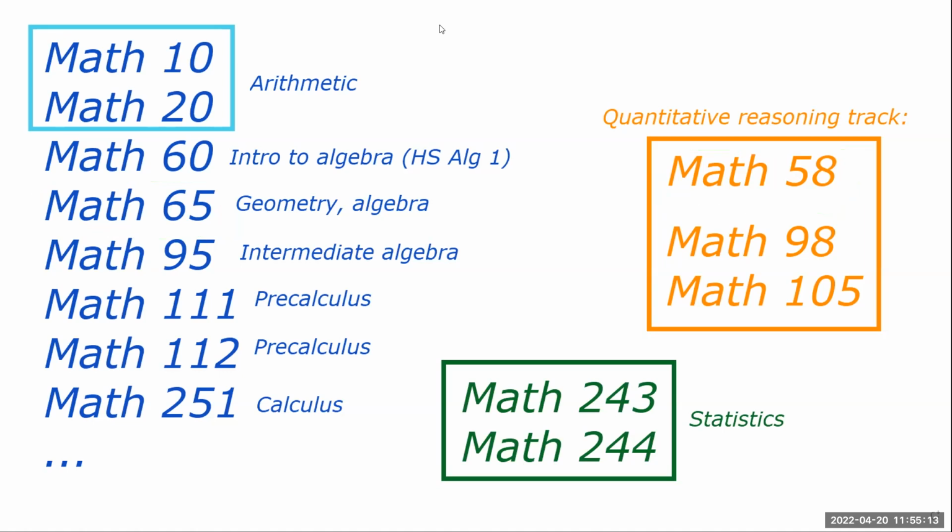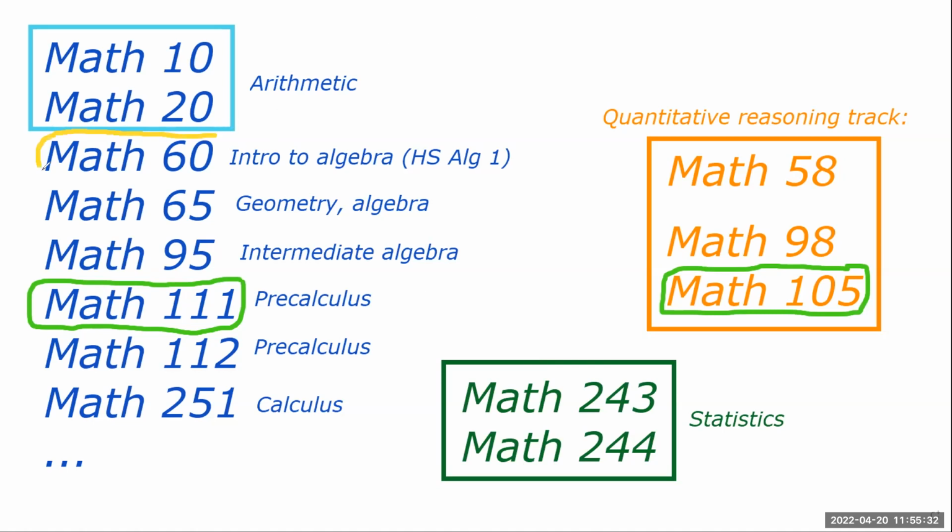Let's say your program requires 111 or 105. Maybe you're doing the Associate of Arts transfer degree, and it's going to say a college level math class, which is 100 level like this. And let's say you placed in at 60. And you've had 60 and you had Algebra 2 in high school and geometry.